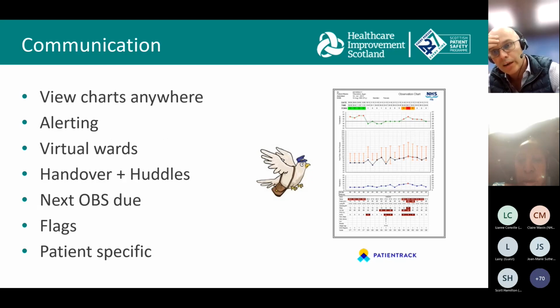But then we introduced Patient Track, and we started measuring how many OBS on time and complete we were actually doing. And it turned out, when we looked at all the OBS, and when I say all the OBS, I mean 90,000 sets of OBS per month, it turned out that our compliance, when we switched on the machine first, was indeed about 50%.